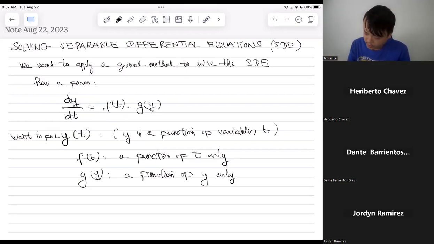Let me just introduce the definition. If f of t equals 1, then the equation has a name: it's autonomous.